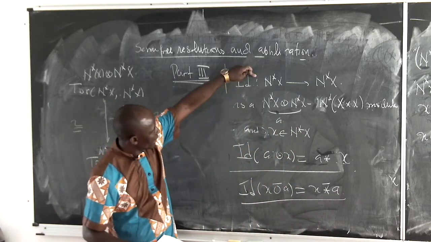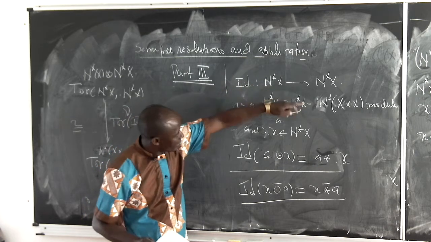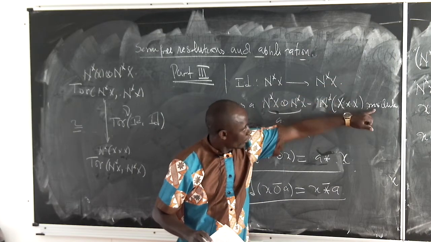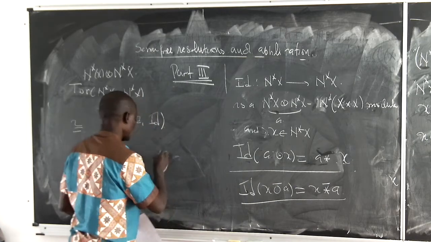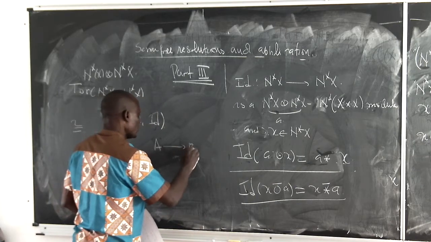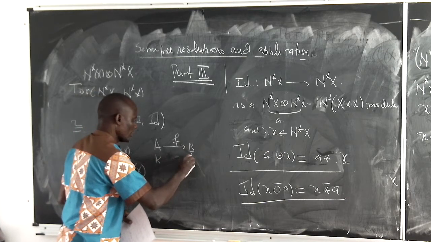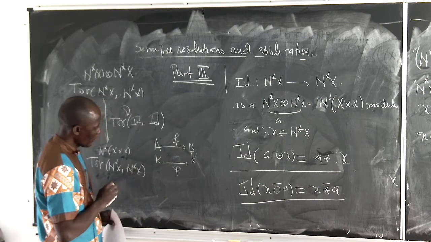So saying that this map is a nx cross nx module means that we have exactly this. It is what I told you before. I told you that if A and B are this one K module and this other one is a K prime module, you have here a map from K to K prime.